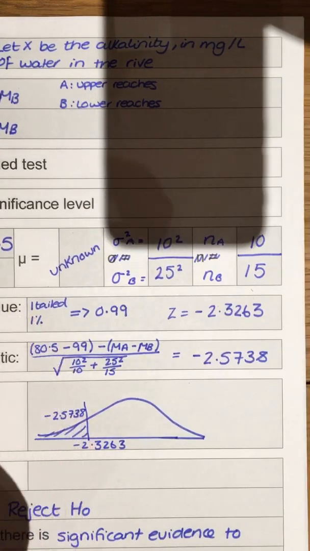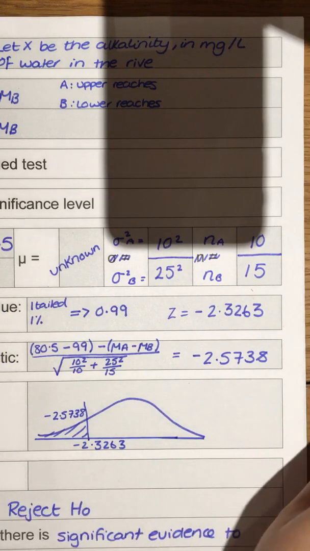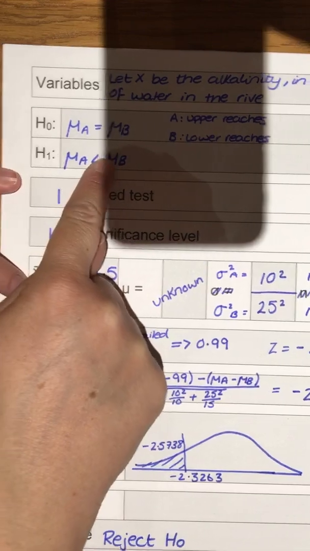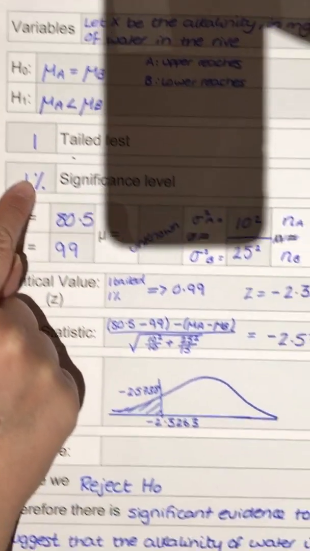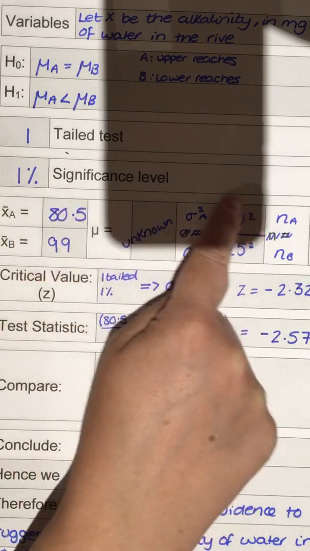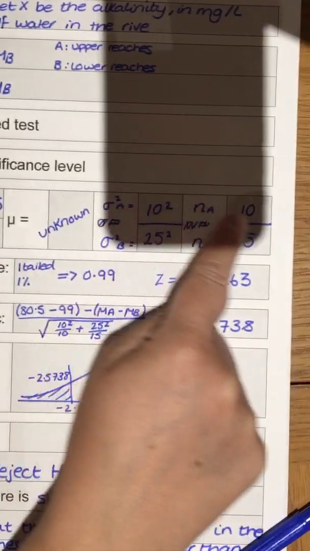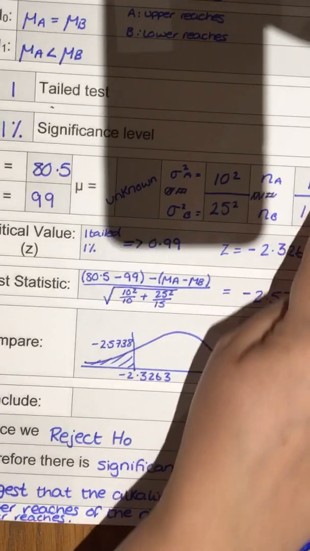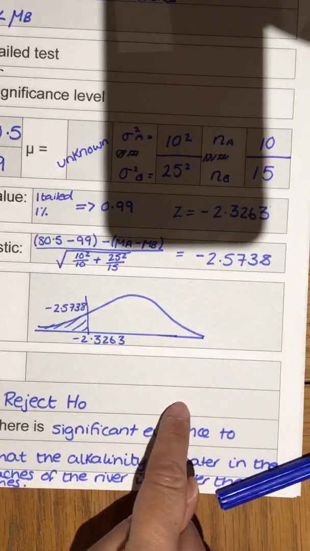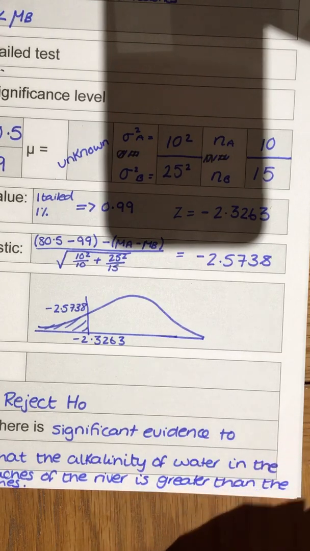I'm going to be marking these as I have been, with a lot more marks than the examiner. So I'm going to be doing 1, 2, 3, 4, 5, 6, 7, 8, 9, 10, 11, 12, and we're doing 13 marks.